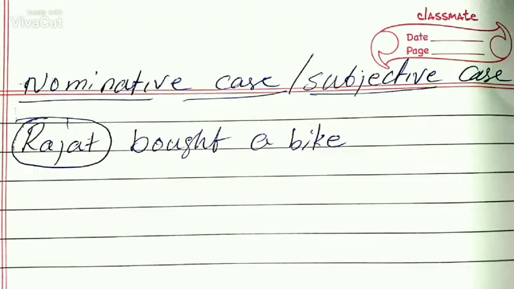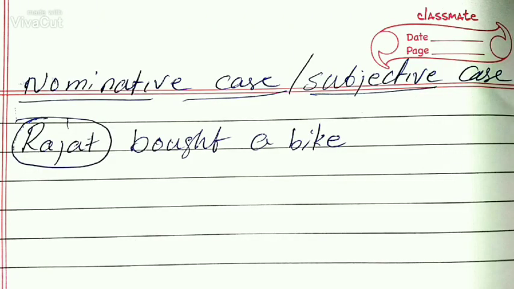So let us see which are those, with examples. So first one is nominative case or subjective case. We know that every sentence starts with a noun or pronoun. Then when a noun is used as the subject of the sentence, it is called the subjective case or nominative case. For example, Rajat bought a bike.